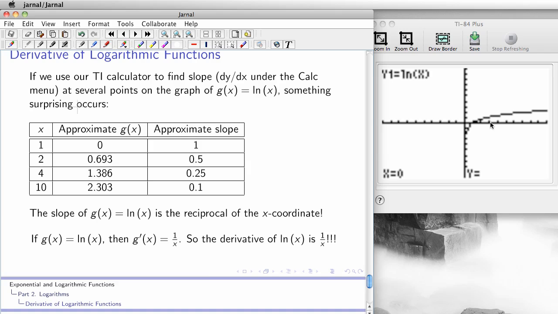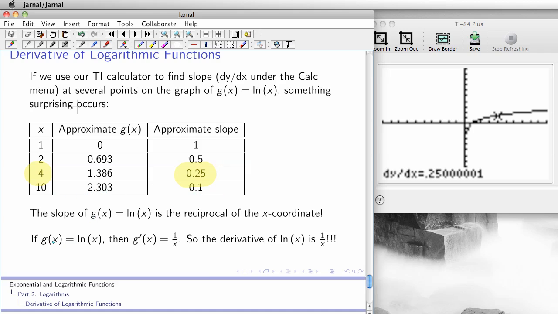If I pick an x coordinate, say 4, then the calculator tells me that my slope is 0.2005. Well, 0.25 is about 1/4. So when x is 4, the slope is about 1/4. When x is 2, if you continue the investigation, you'll find the slope is about 1/2. When x is 10, the slope is 1/10.